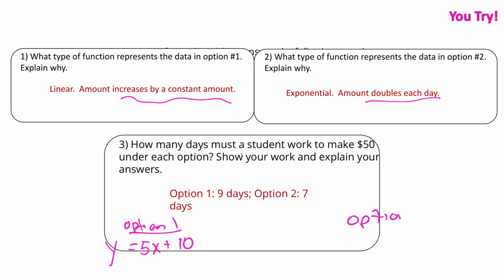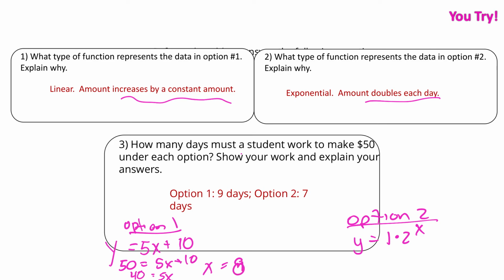Option 2 is that they start with $1 on day 1, but the amount doubles and to however many days that they work. So if we're going to put 50 in for y here, we have 5x plus 10. Then we get 40 equals 5x. x is equal to 8.